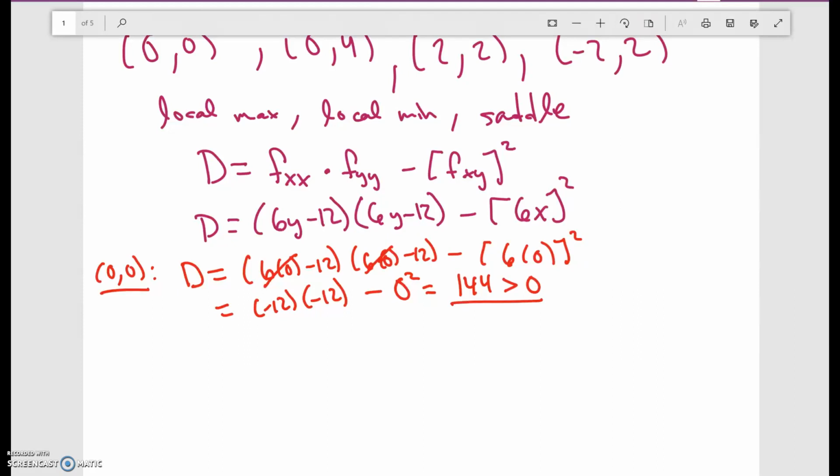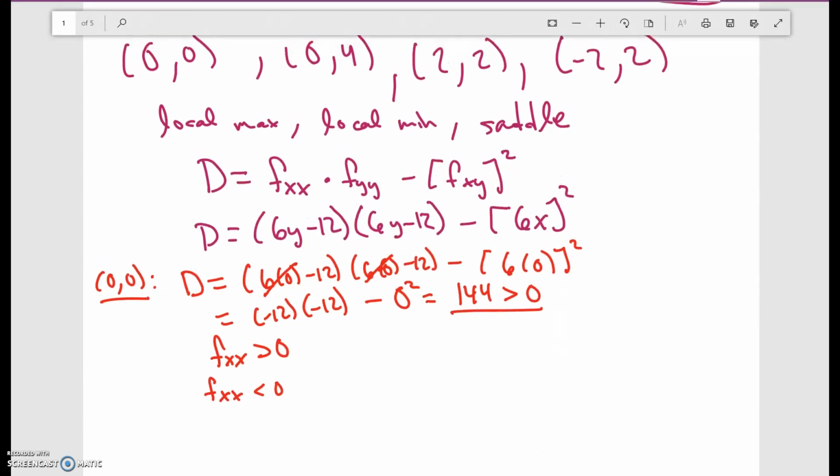Okay, so remember, when D is positive, we also have to check the second derivative, f sub xx. That can be either positive or negative. Let's see, f sub xx was 6y minus 12. When I plug in the 0, I'm going to get negative 12, which is negative.